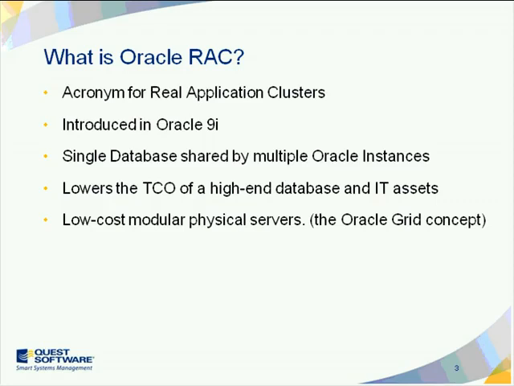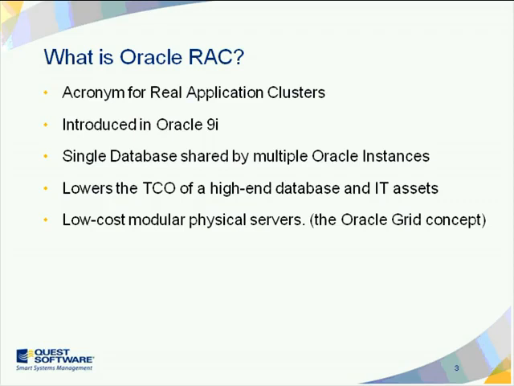So first of all, what is Oracle RAC? Now, I guess most of you attending this call know what RAC is, but if you're fairly new and you're considering moving across and using RAC, it stands for Real Application Clusters. It's a technology that Oracle introduced in 9i, and it basically takes the Oracle grid concept to a point where instead of having a single database, single instance, you have a database which is shared across multiple servers and multiple instances.